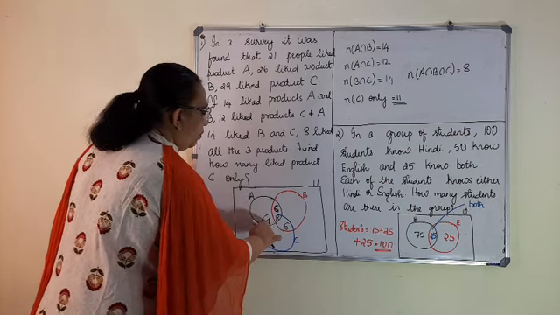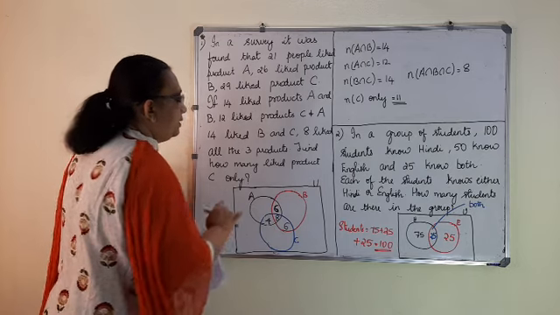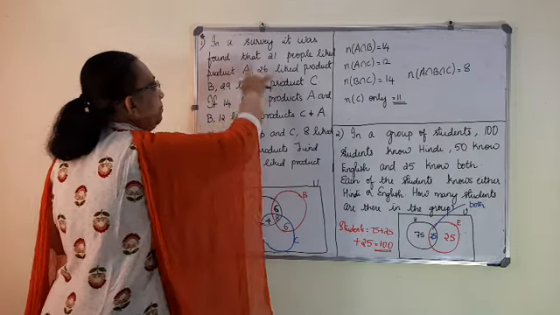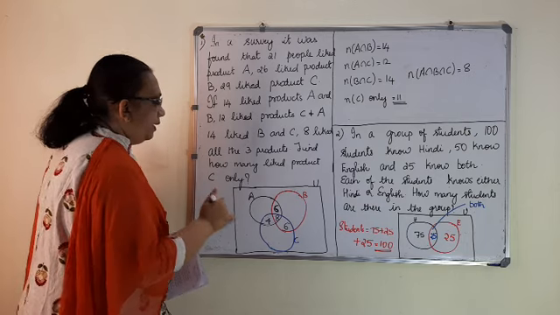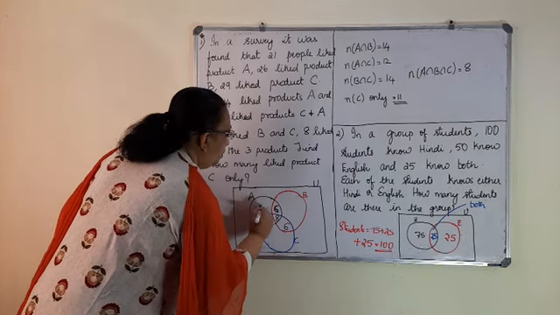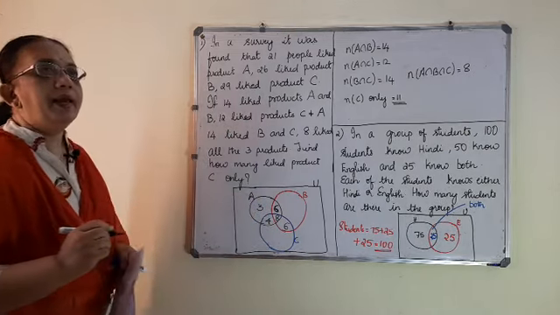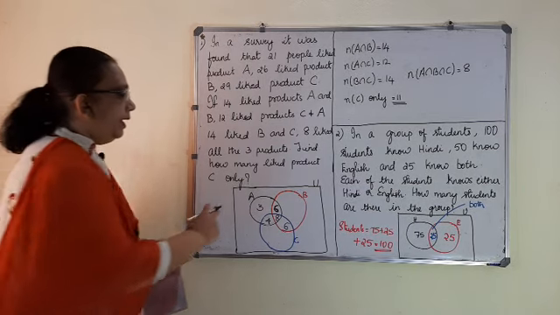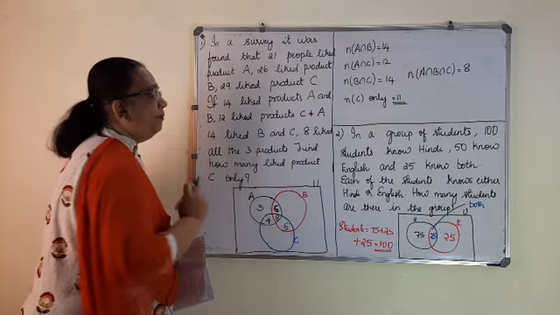So 6 plus 4 is equal to 10, 10 plus 8 is equal to 18, and 21 minus 18 is equal to 3. Product A alone is liked by 3 people.